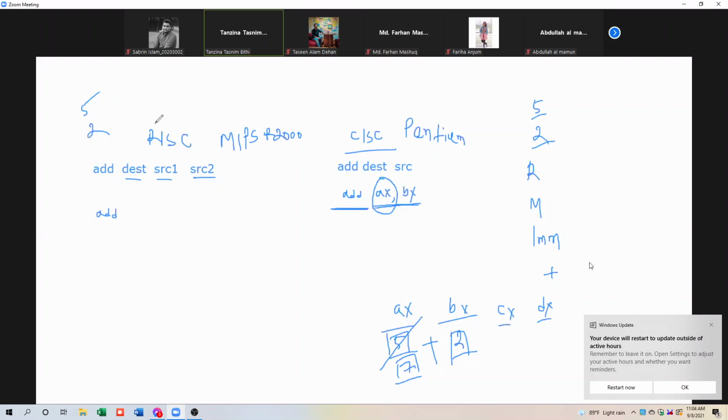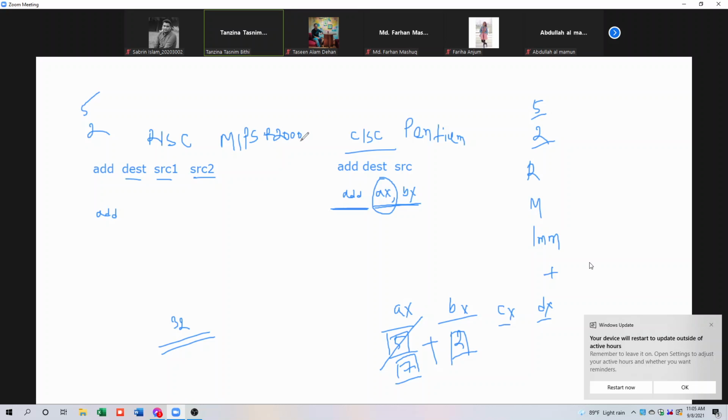So in RISC processor or in MIPS R2000 processor, we know that there are 32 registers. And these registers also have some names, but when you write the instruction for our RISC processor, we will not write the names of those registers. If you want, you can write the name, but usually we write the address of the register.